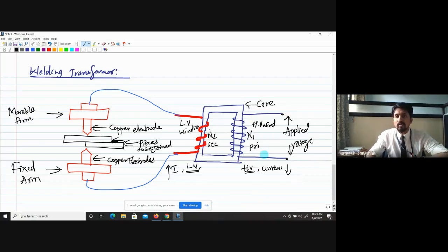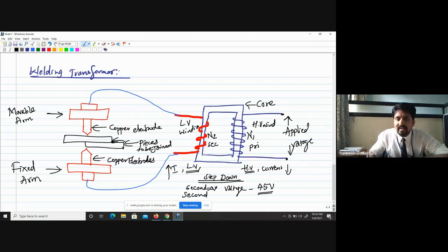So this step down transformer will be used here for welding purposes, which steps down the voltage. The secondary voltage you get here is hardly up to 45 volts.